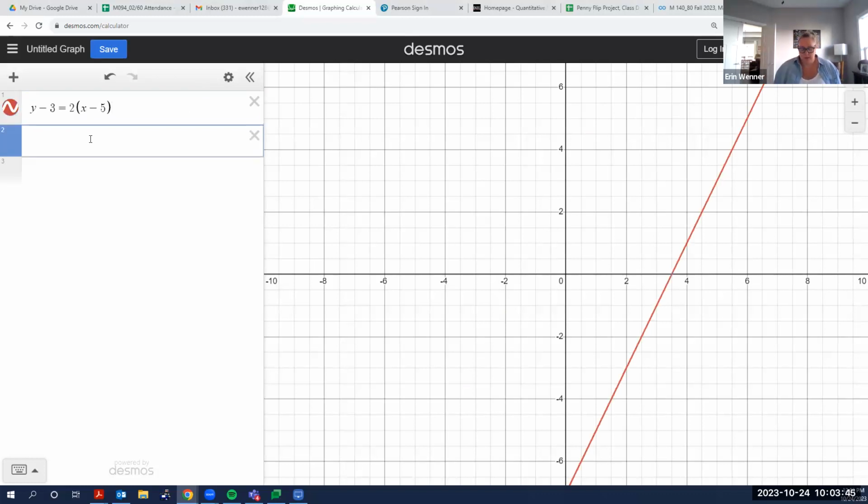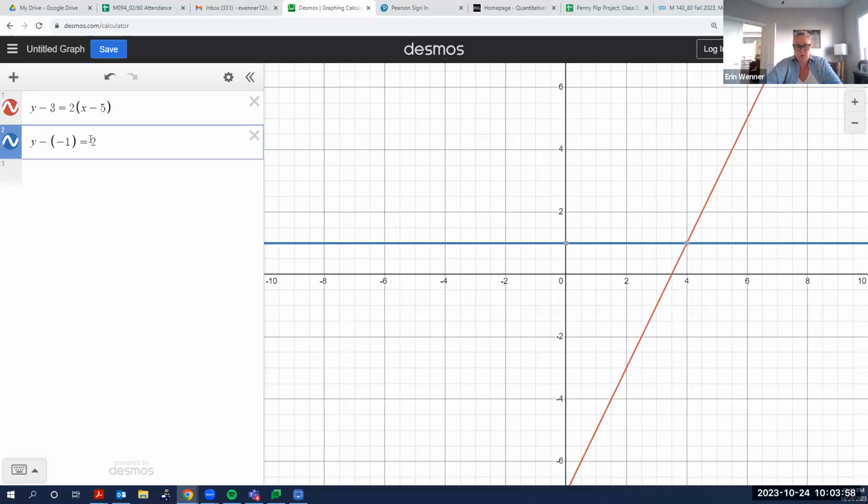Now, for the next one, I'm going to do y minus, in parentheses, -1. You don't really need the parentheses, but I'm making it match what we have, equals, and then still that slope of 2, and then x minus 3. And now you can see the blue line is completely on top of the red line.